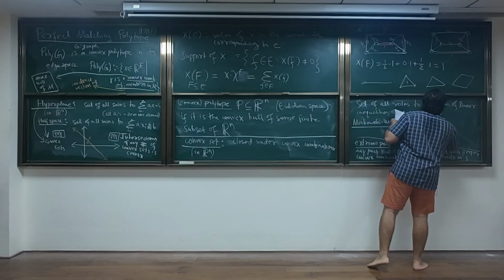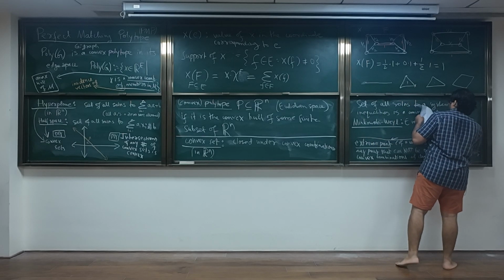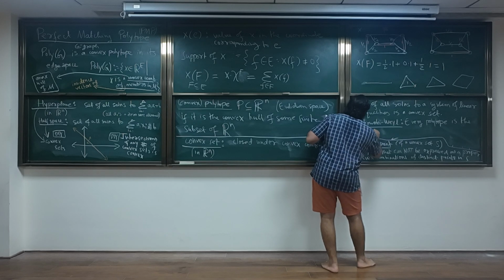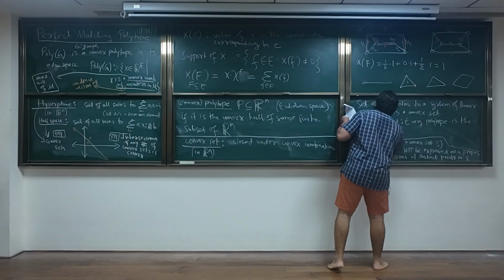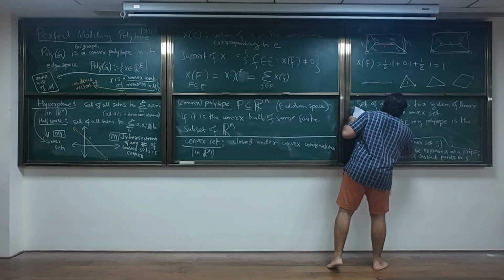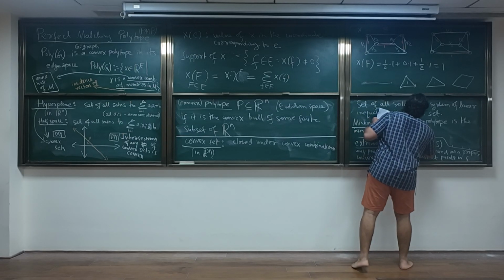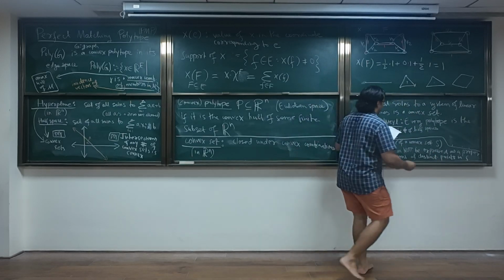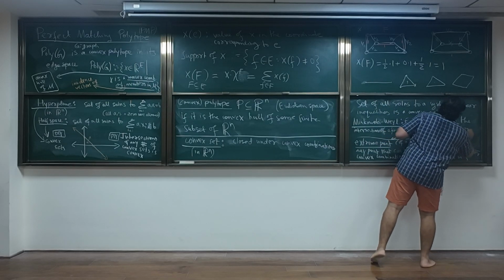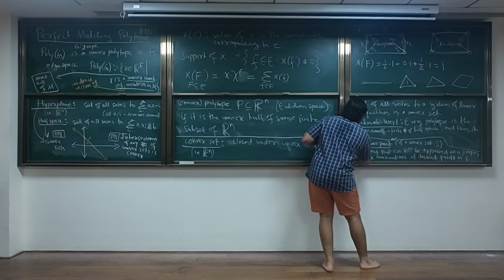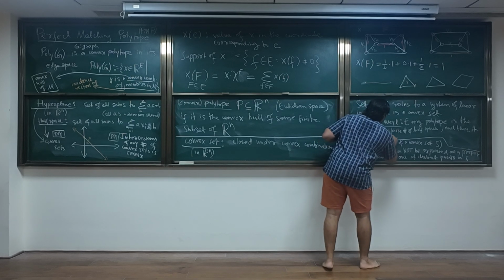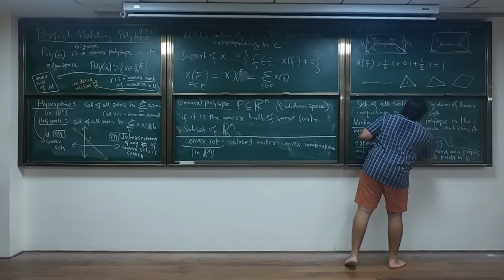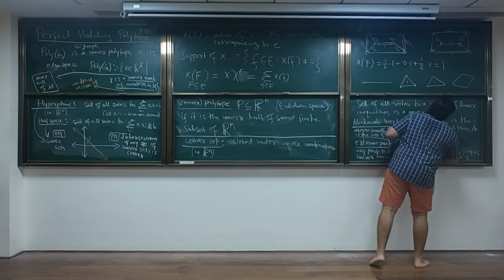Every polytope, by which I mean convex polytope, is the intersection of a finite number of half spaces, and therefore it is a set of solutions to a system of linear inequalities.